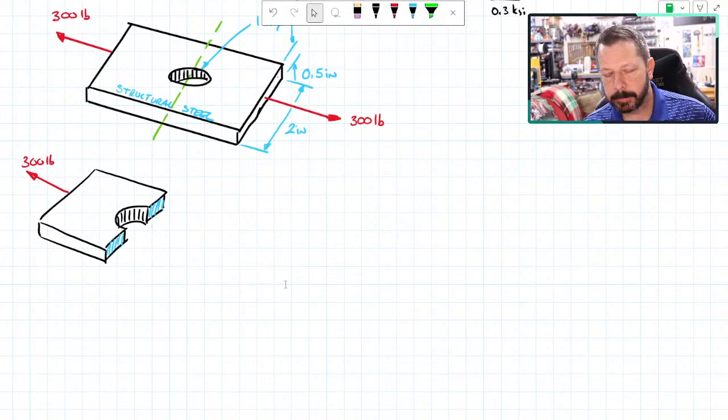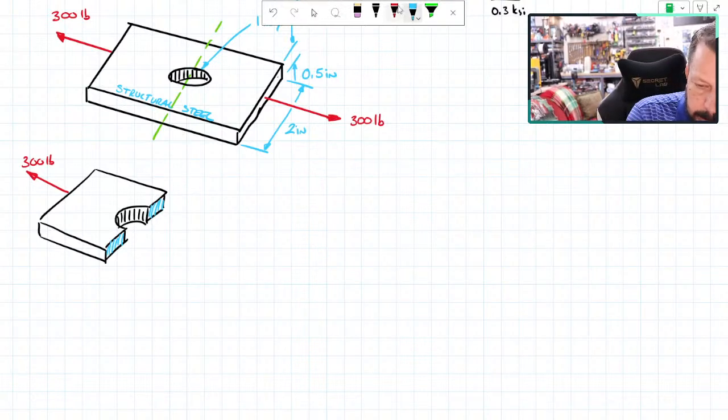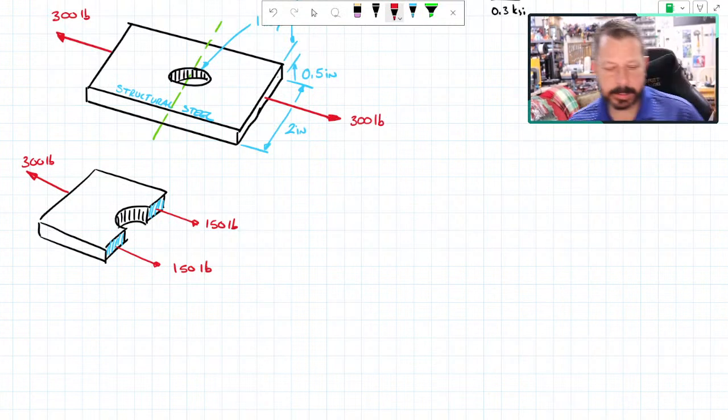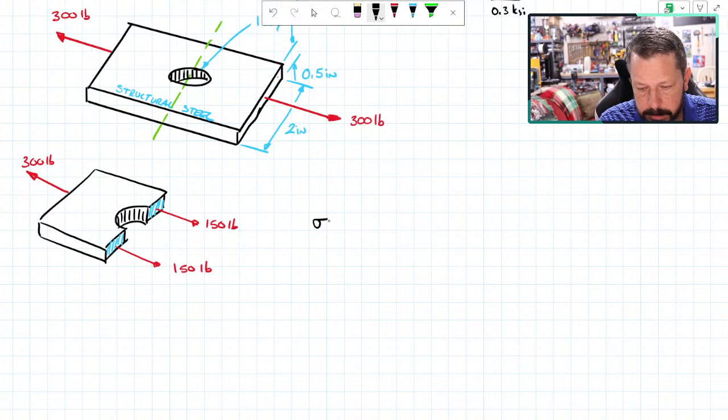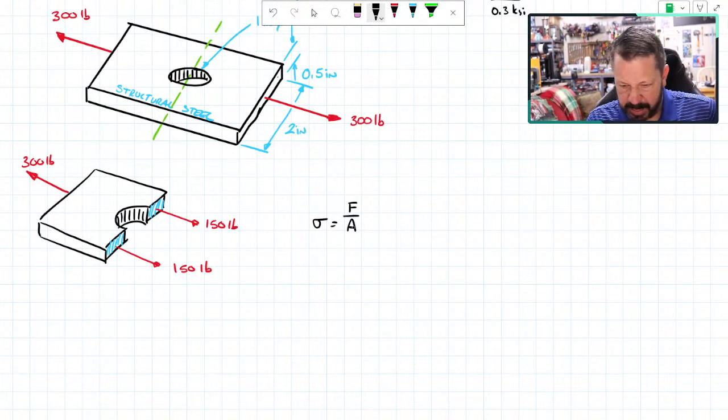I'm going to assume that everything's centered up, so 150 pounds is over here, and the other 150 is over here. So I still have a total of 300 pounds, so the part's in equilibrium, but I've just split it up a little bit.